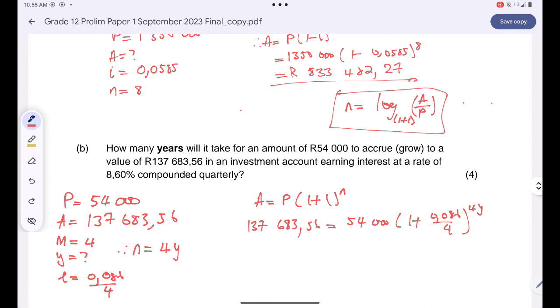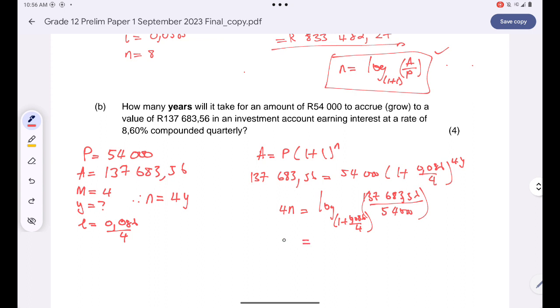But since I can simplify, I'll simply say n, which is 4y, is equal to the log of 137,683.56 divided by 54,000, with the base 1 plus 0.086 over 4. Then 4y will simply give me the answer.